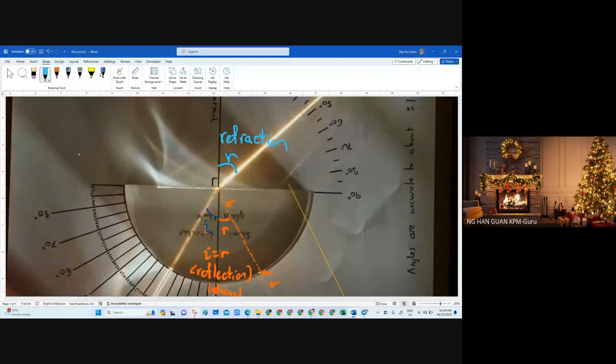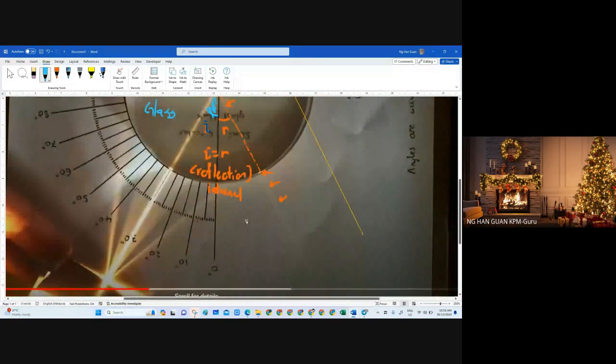Okay, so here it is away from the normal because it's optically less dense in the air. So this one inside the glass is optically denser. So here, inside the glass. Okay, but at the same time, we can see the internal reflection.